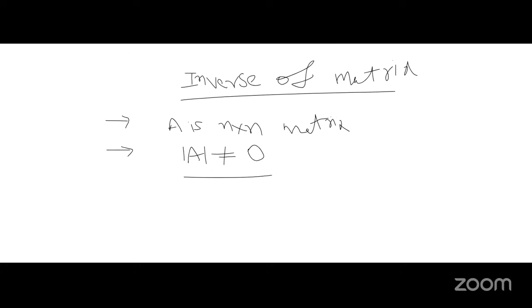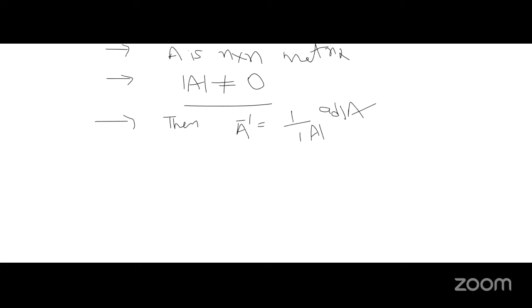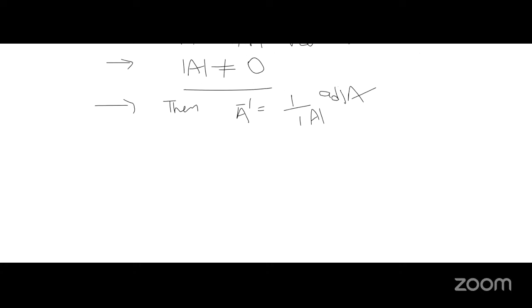Then A inverse equals 1 by mod A into adjoint A. So how can we find the adjoint of A?